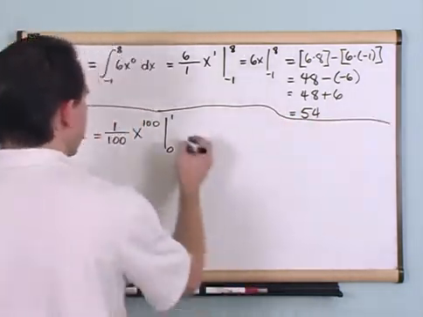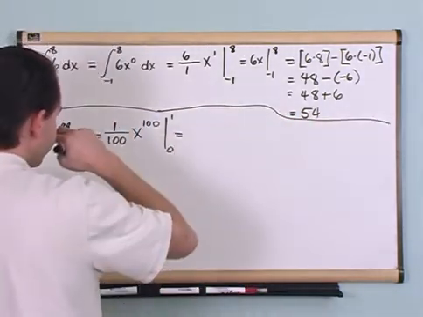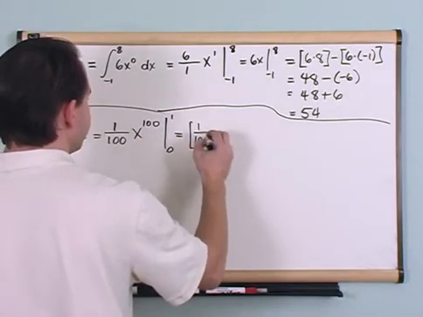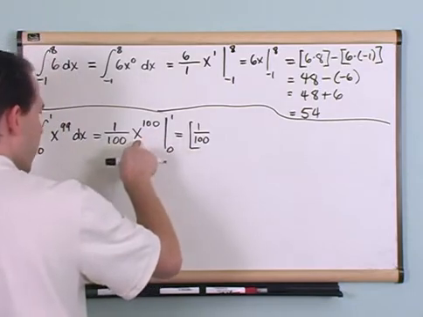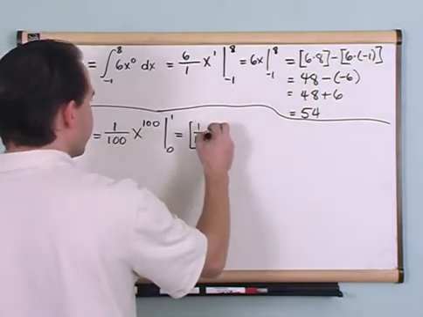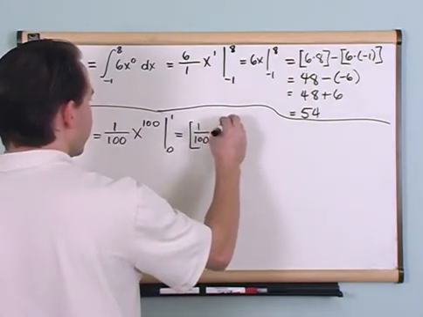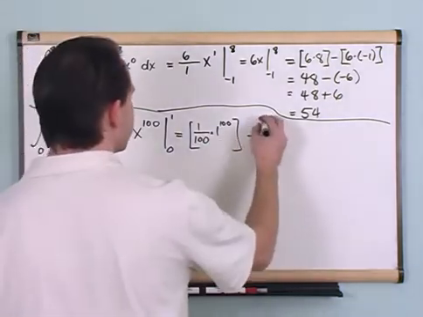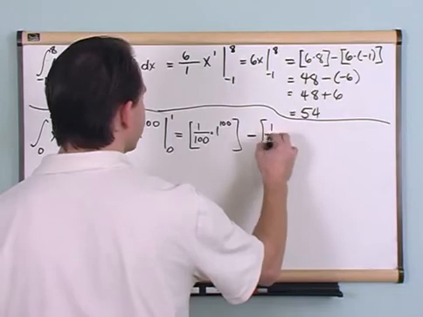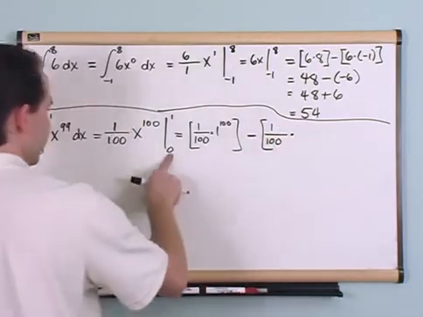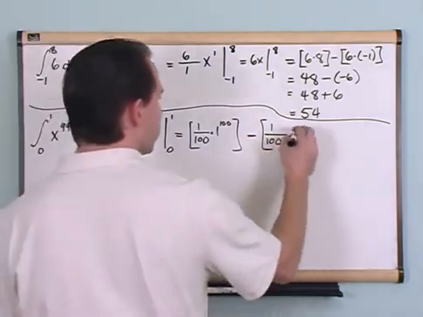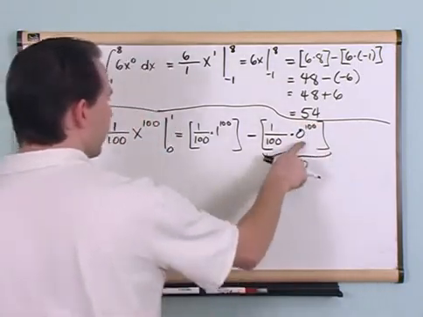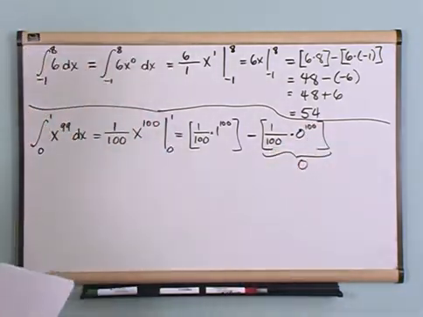So this is going to be 1 over 100 times 1 to the 100th power, big surprise, you know that's going to be a 1 in the end, minus 1 over 100 times 0 to the 100th power. So you know this whole thing just goes to 0 because 0 to any power is just 0.